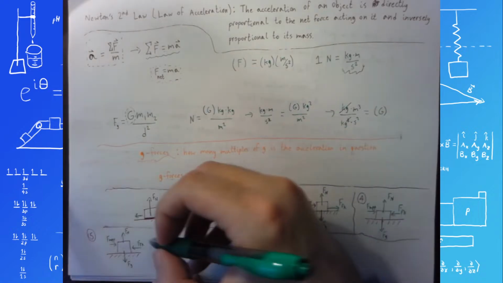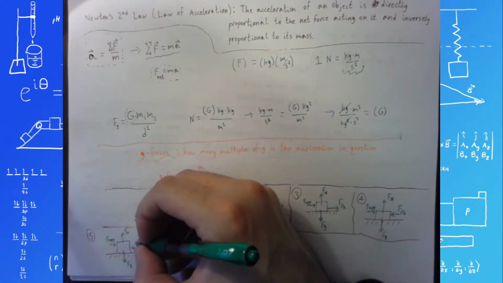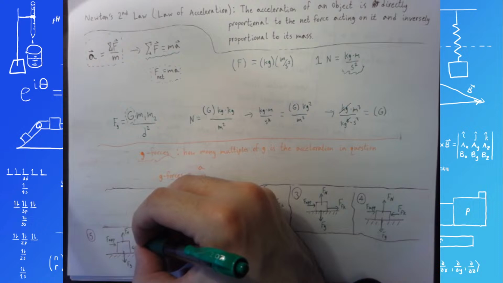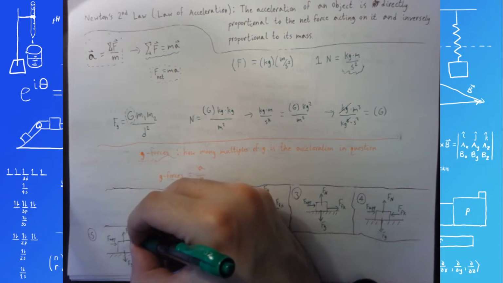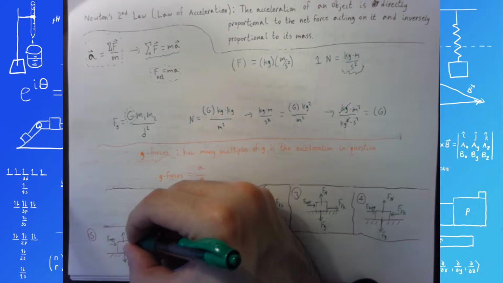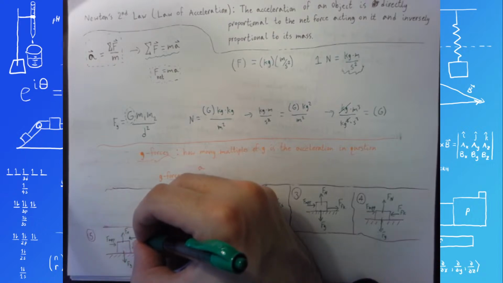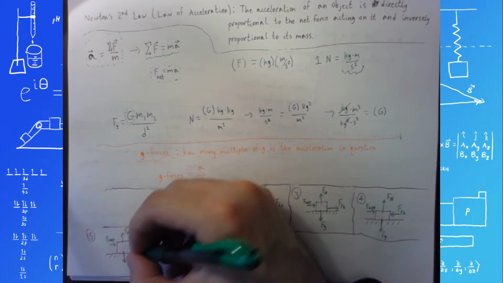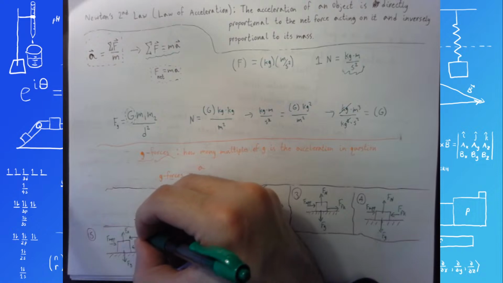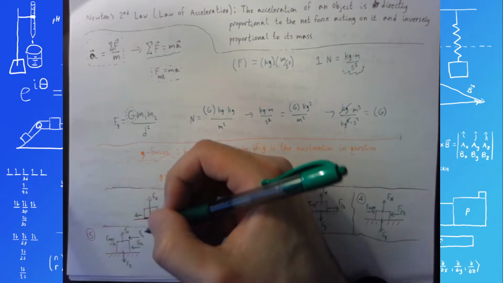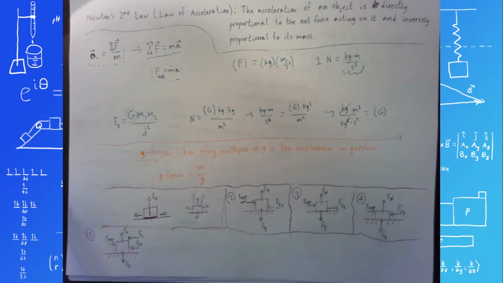And since the spring is compressed to the right, it will push back to the left, so I guess I will draw it over here, even though it's not technically on the box. I probably should have made the box a little bit taller, but FS, force spring. And there we go. That's diagram 5.